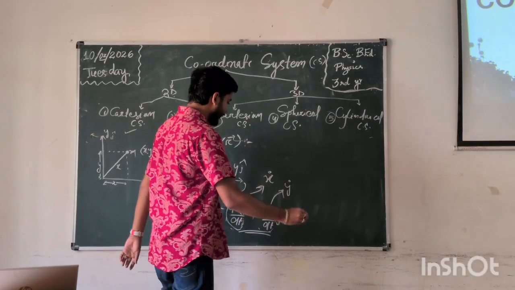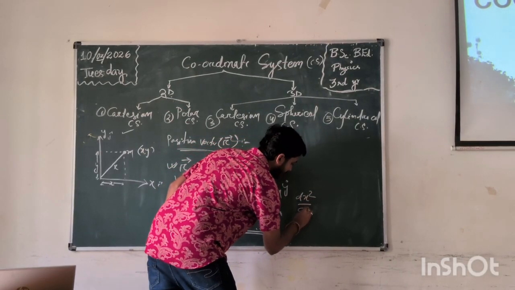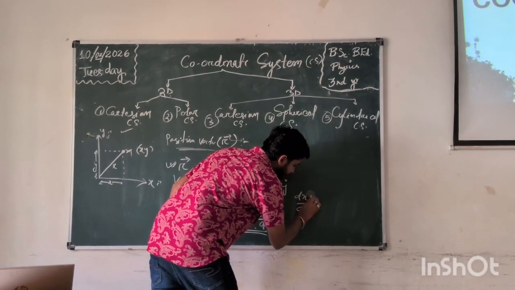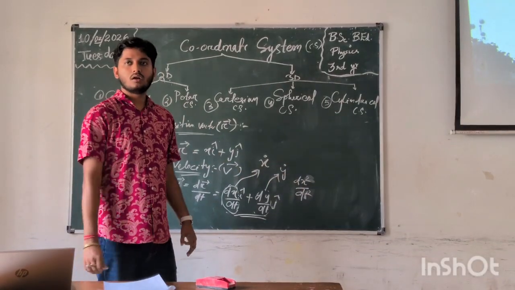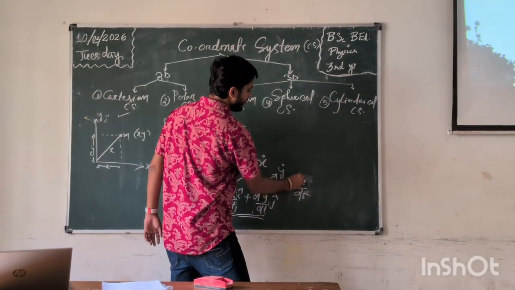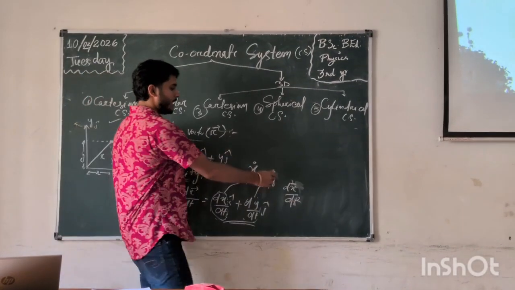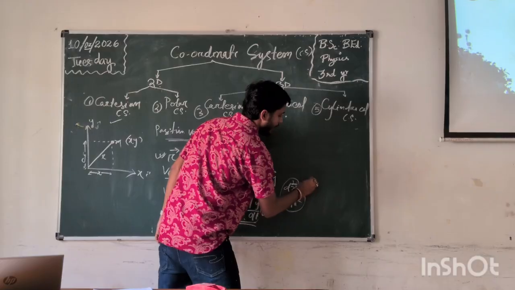Same as if I am writing d square x by dt square, this is the double differentiation. So d square x by dt square, we can write as x double dot.